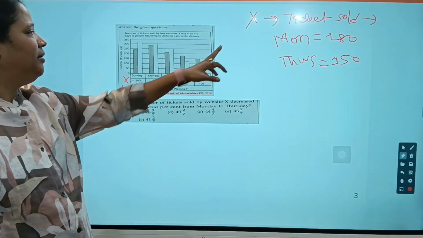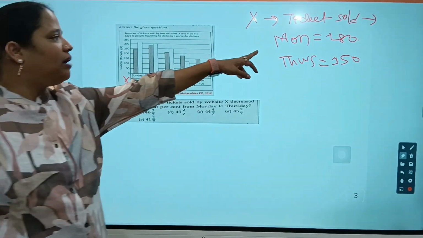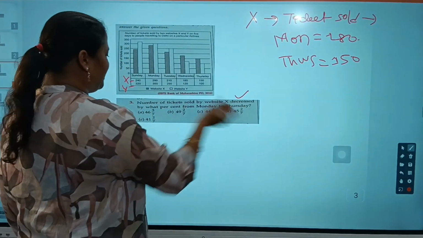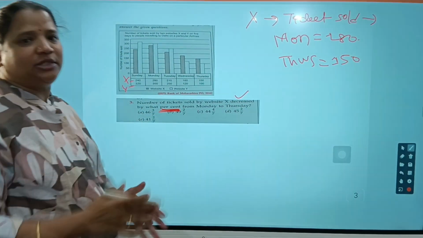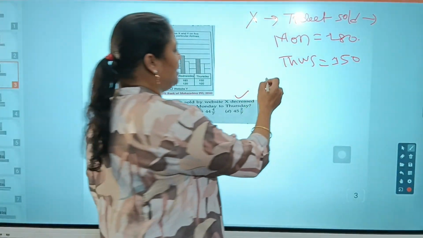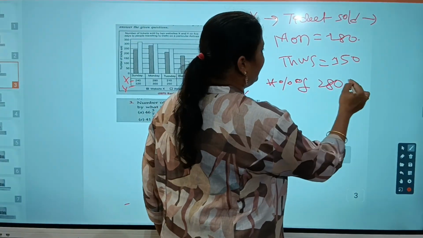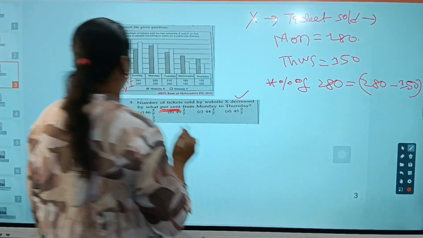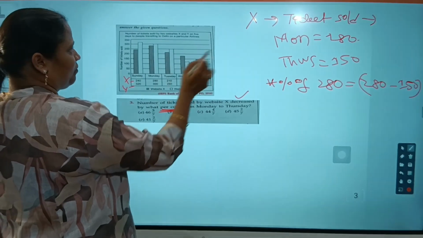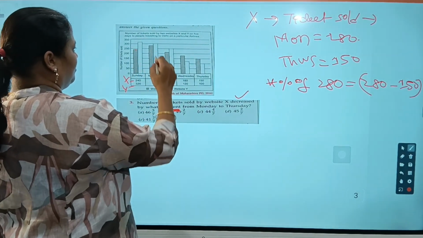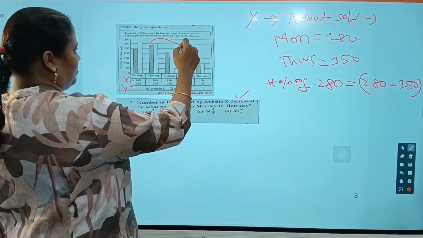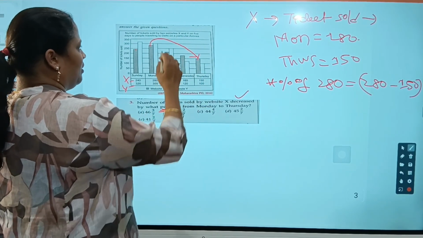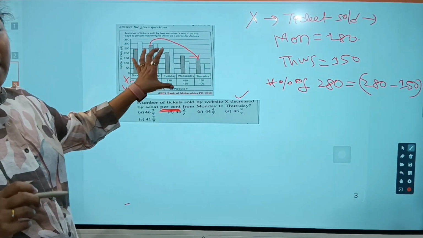Now we have to find out by what percent it is decreased. Decrease means what we have to do? Subtraction. So X percent of 280 is equal to 280 minus 150. We have to find how much it is decreased.